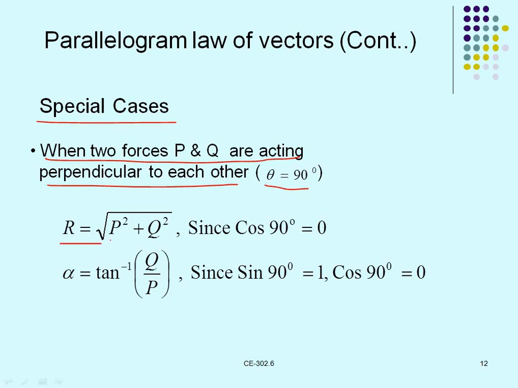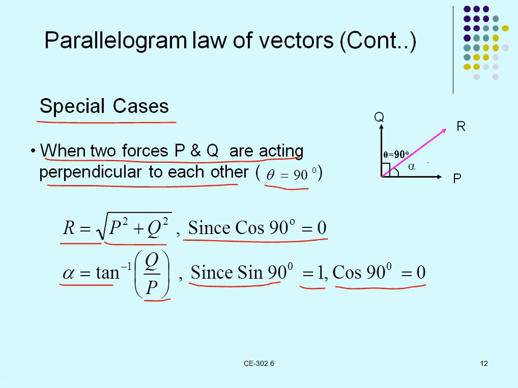Then R is equal to root of P square plus Q square, since cos 90 degrees is equal to 0, whereas alpha is equal to tan inverse of Q by P, since sin 90 degrees is equal to 1 and cos 90 degrees is equal to 0.